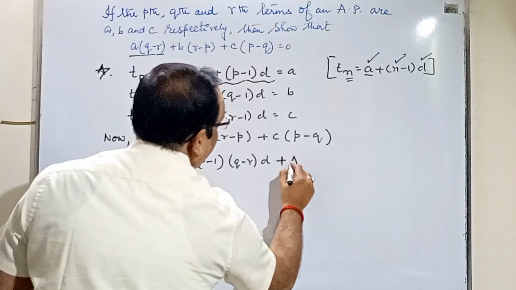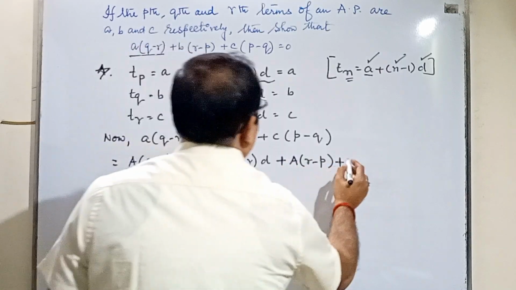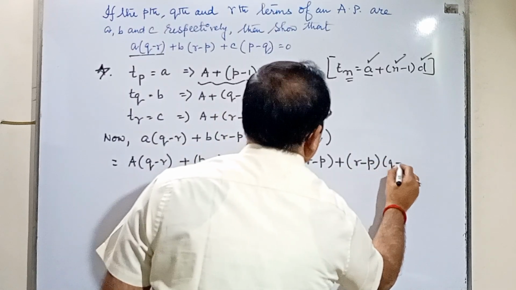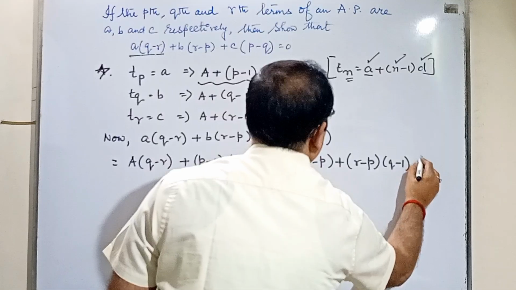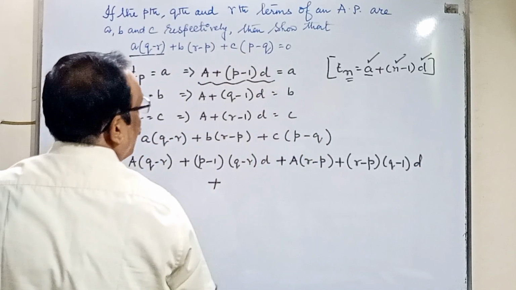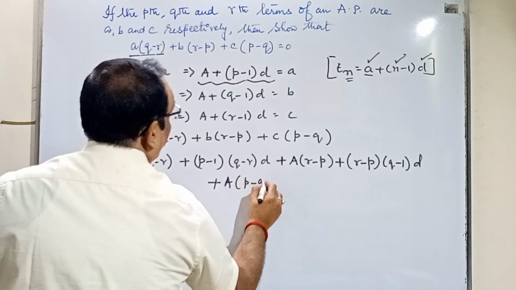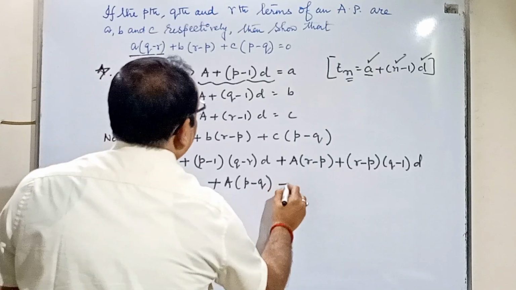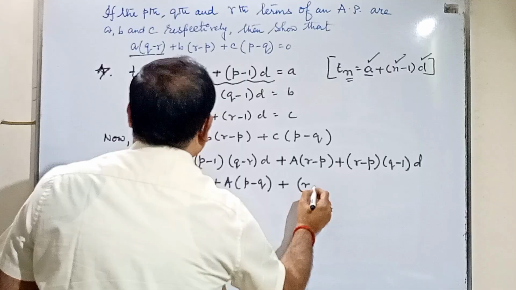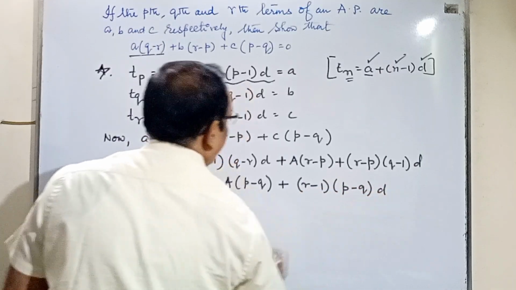So this will be A into (R minus P) plus (R minus P) into (Q minus 1) into D, plus C into (P minus Q). So C means this, A into (P minus Q) plus (R minus 1) into (P minus Q) into D.